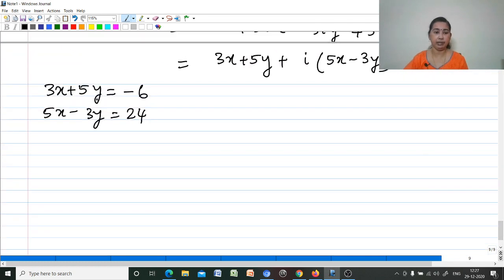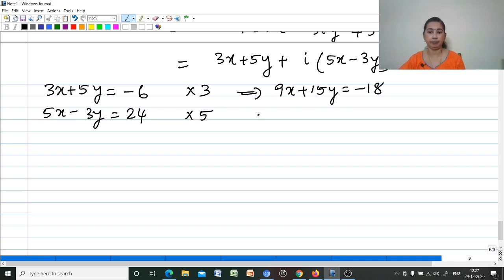Solving by multiplying, any one coefficient should be the same, so we multiply the first by 3 and the second by 5 and make the equations 9x plus 15y is equal to minus 18, and 25x minus 15y is equal to 120.